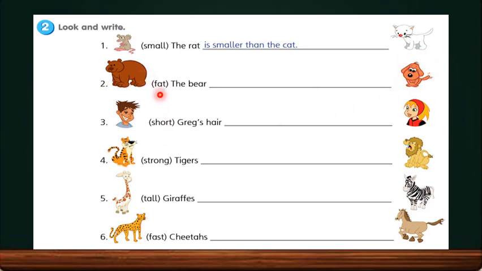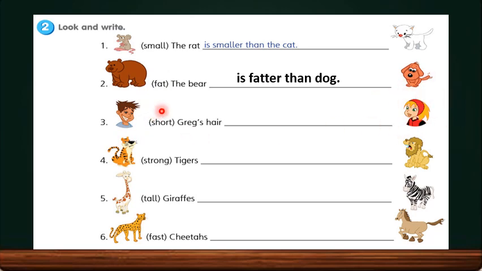The comparative adjective for fat is fatter, F-A-T-T-E-R, because it follows the CVC form, F-A-T-T-E-R. The sentence is, the bear is fatter than the dog. Question 3. This is Greg and this is Anna.